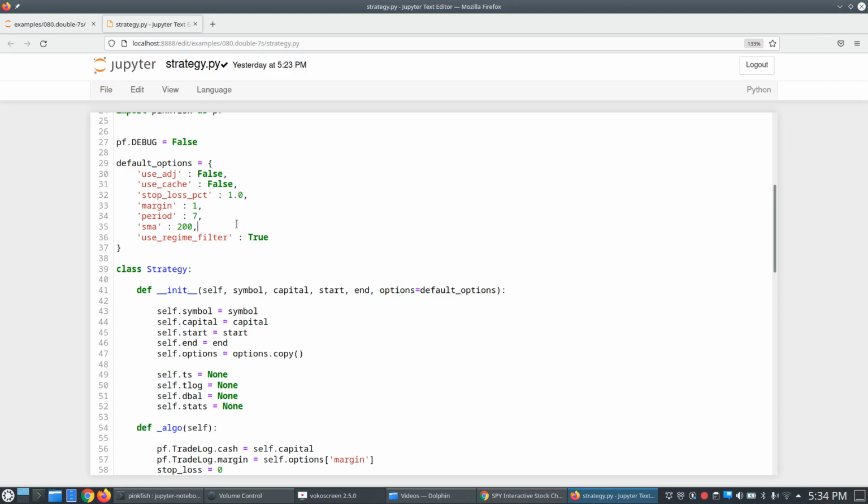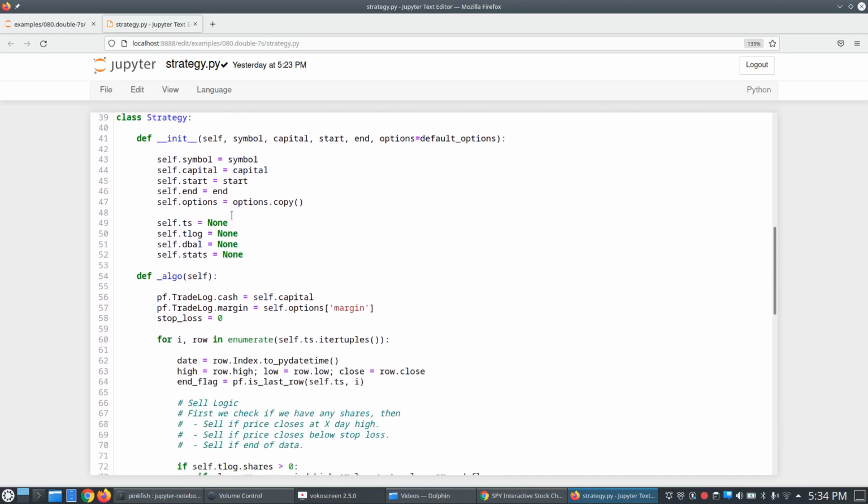Then use regime filter is whether we're in a bull market or a bear market, and that's a flag to say we're going to use that filter or not for our trading. And then there's an additional filter. This has nothing to do with the regime change filter. This is another simple moving average that we can use to decide if we want to get into trading or not. All the trading for this is on the long side.